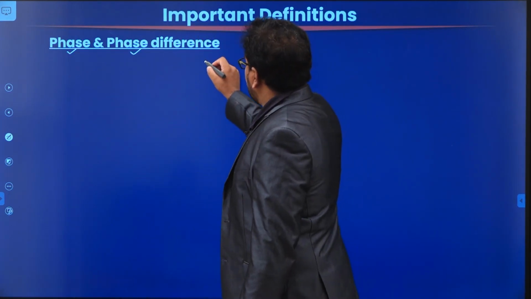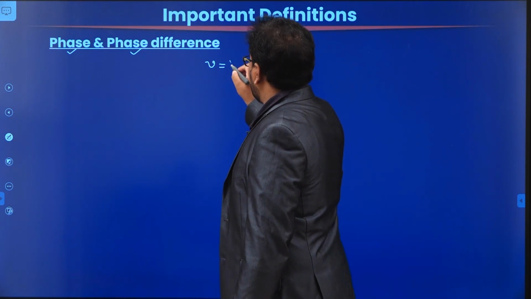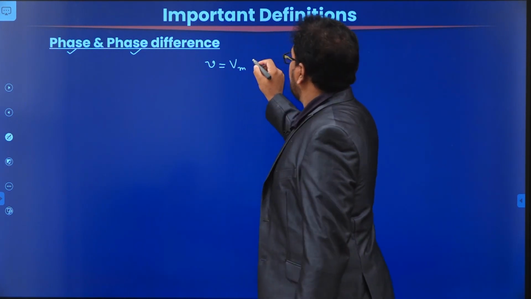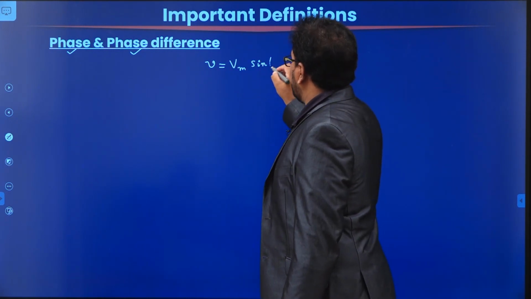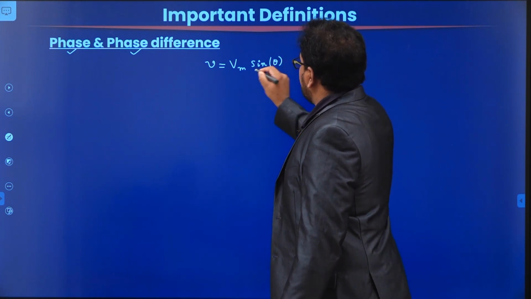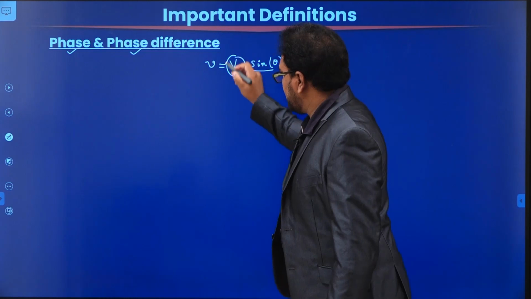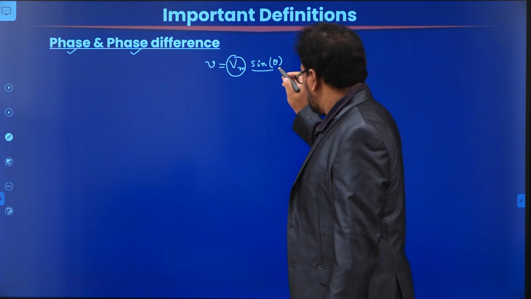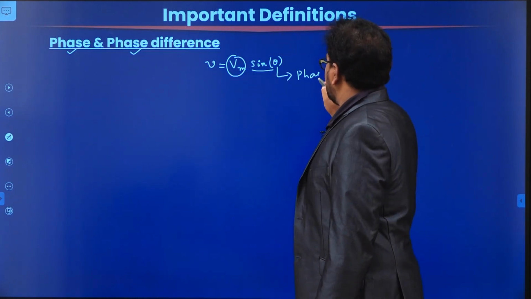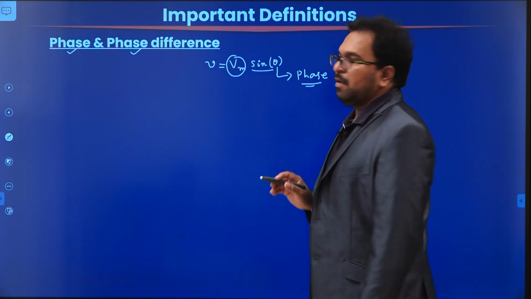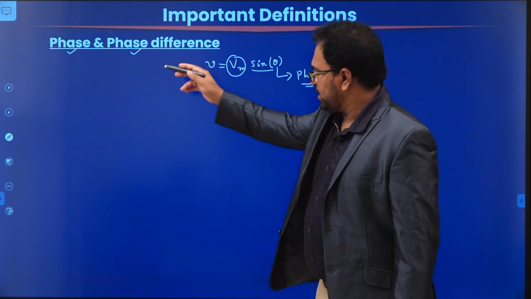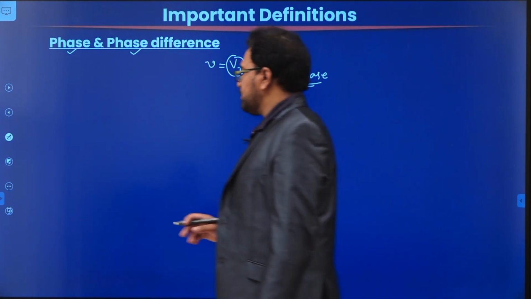Already I told you that a single phase AC voltage can be expressed by means of a sine waveform. In this expression, the first factor is the magnitude, and this theta is called the phase. Now let us discuss more about the phase as well as phase difference.